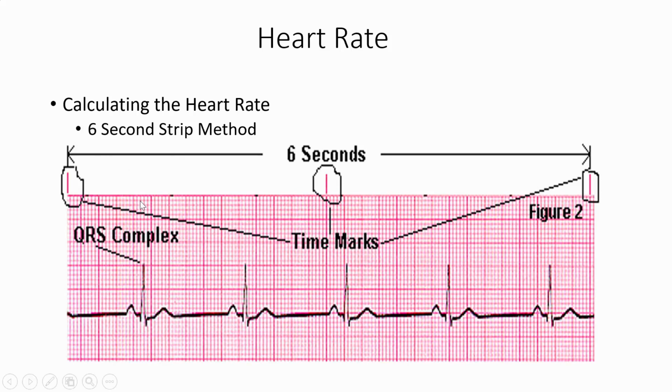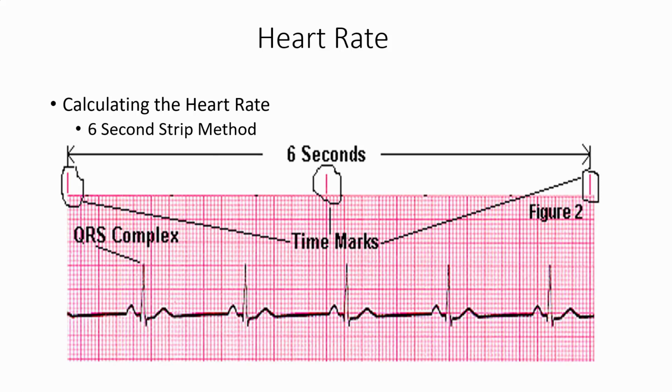So instead of having to know 30 boxes and counting everything, you can go hash mark to hash mark. From hash mark to hash mark, that's 3 seconds, and then I need another one, and that's another one. So that right there is a 6-second strip. So that is why we call this the 6-second strip method as far as calculating the heart rate.